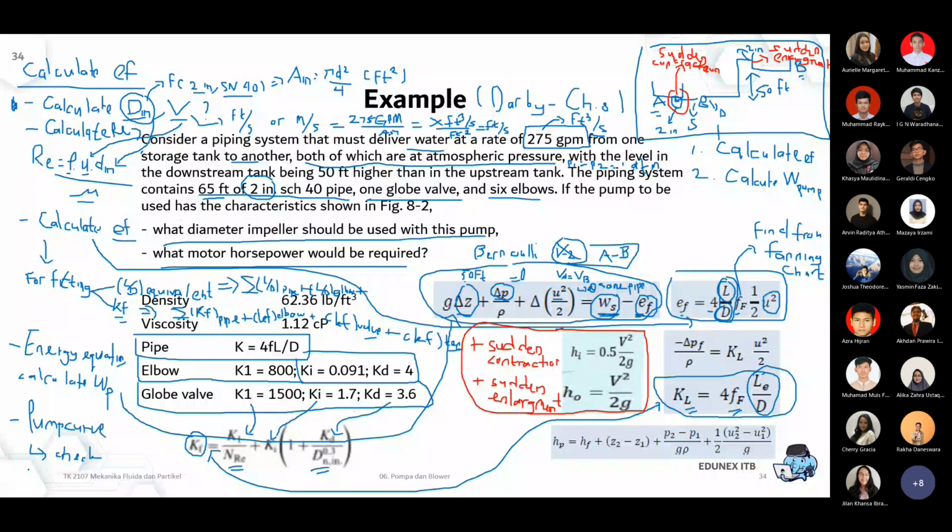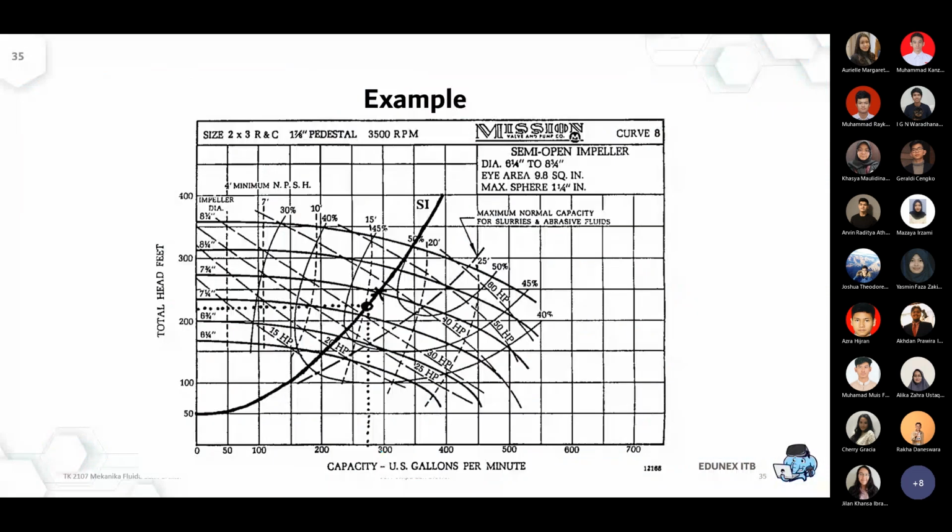In short, this is how it will look when you go into the pump curve. Again, because of the time limitation, go to chapter 8.1 in Darby. You have your capacity at 275 GPM, so that's your flow capacity.